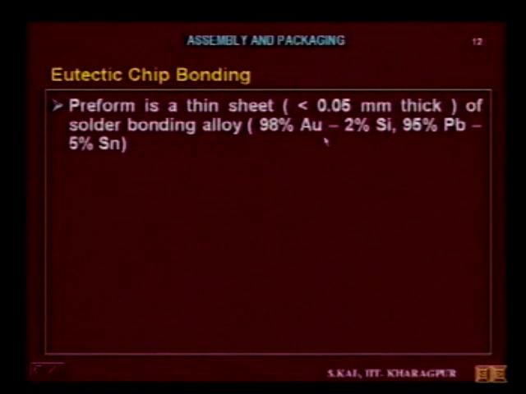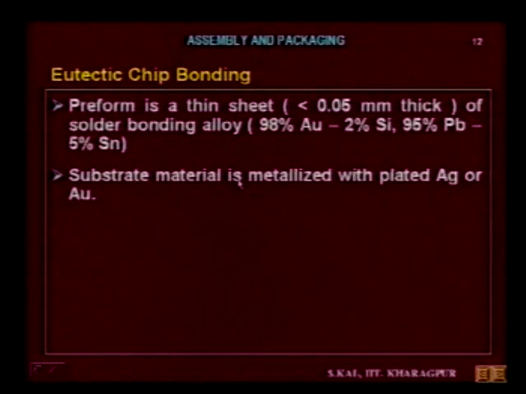This is one eutectic material. Another alloy or preform which we use is lead tin, that is 95% lead and 5% tin. So the gold silicon is known as hard solder and lead tin is known as soft solder. So they are used as a solder bonding material.